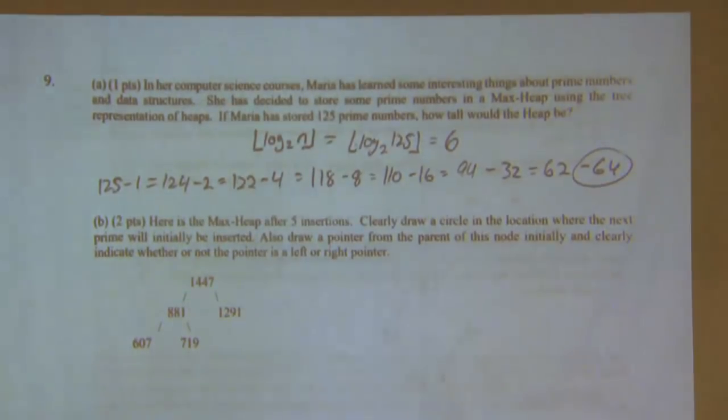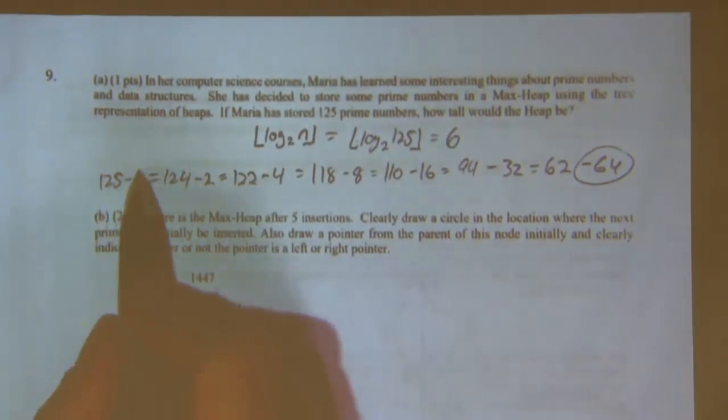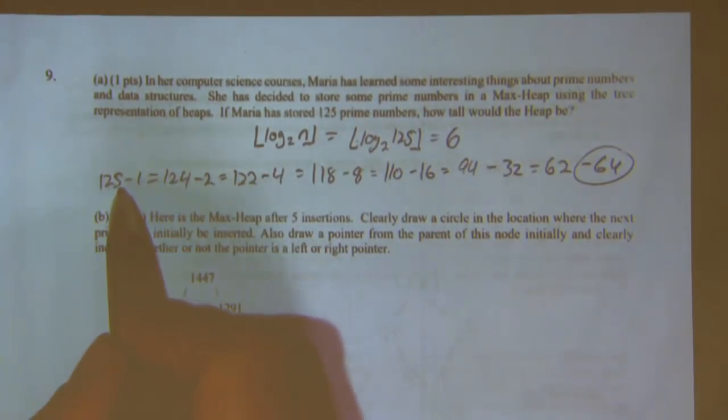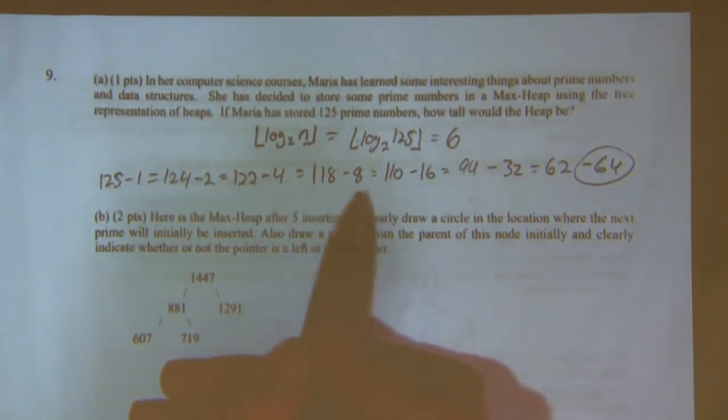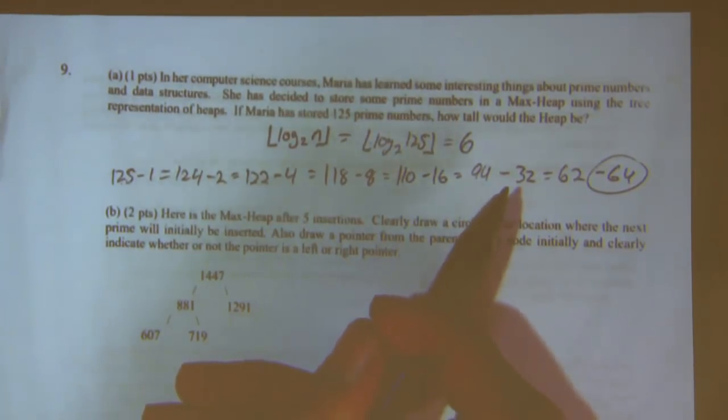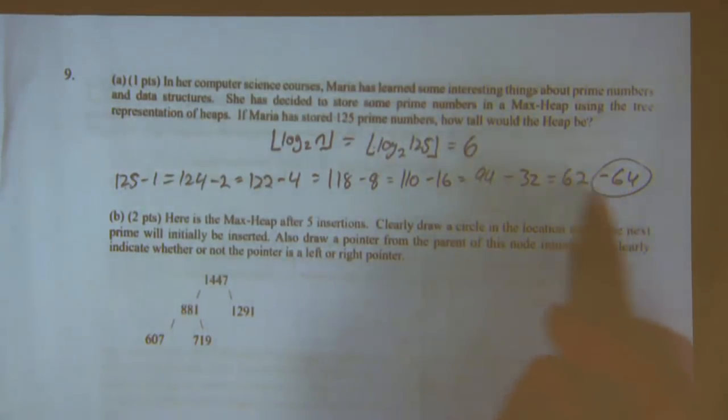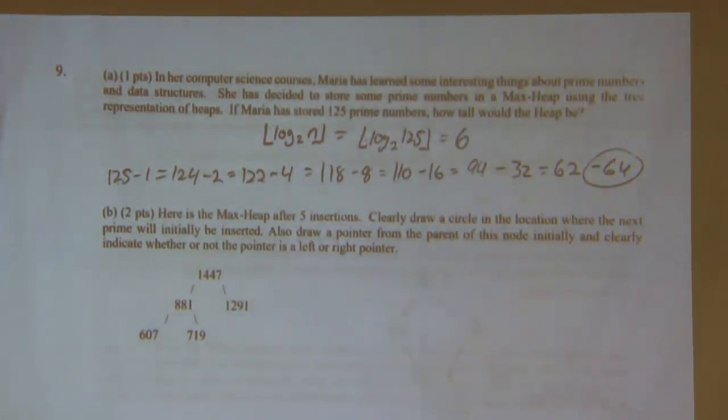And so if we count this up, this represents level 1, the second level, third level, fourth level, fifth level, sixth level, and then this is our 7th level, right? Since we have 7 total levels, the height of the tree would be 6, right?